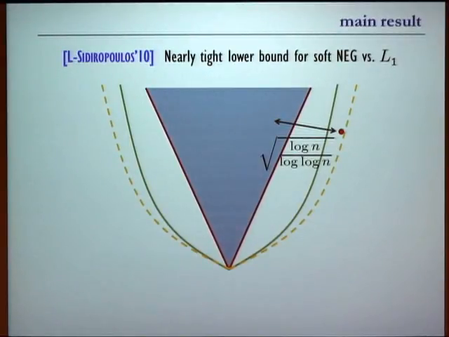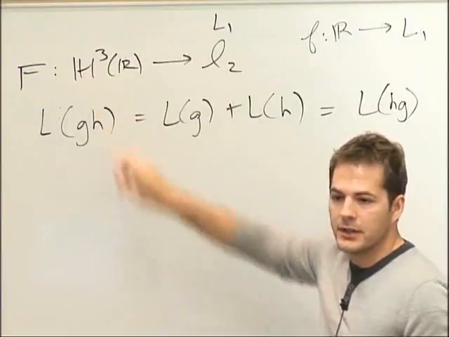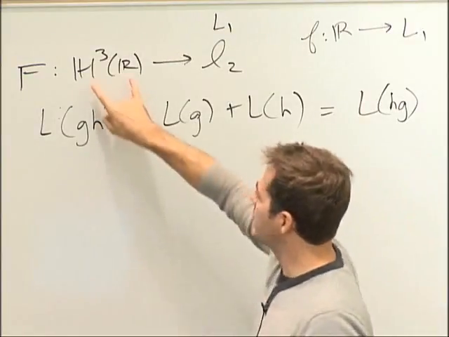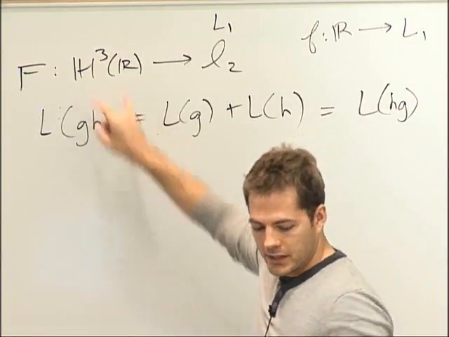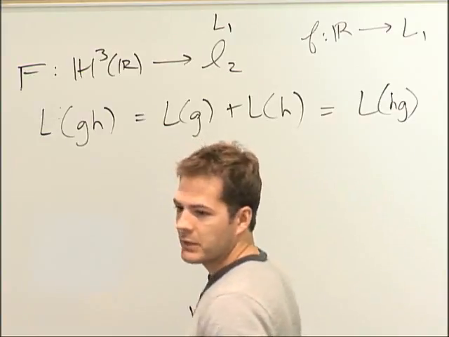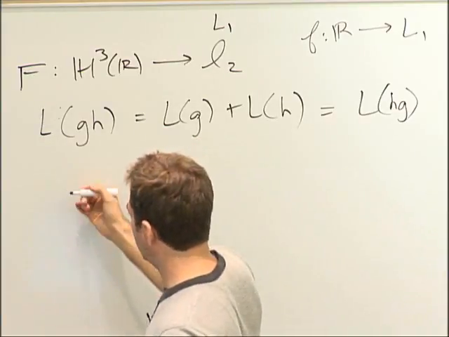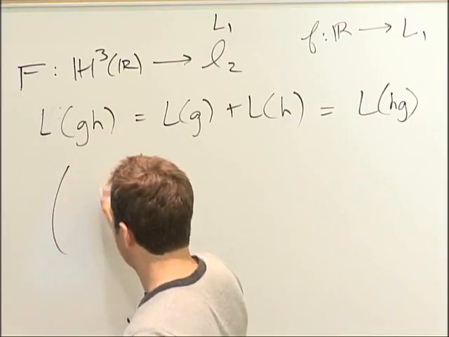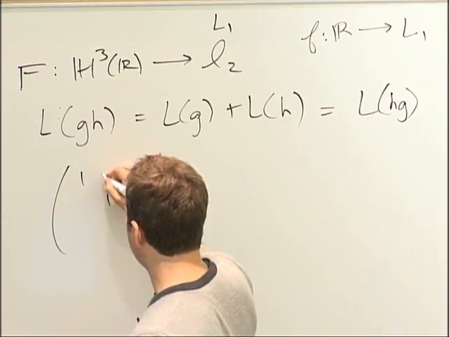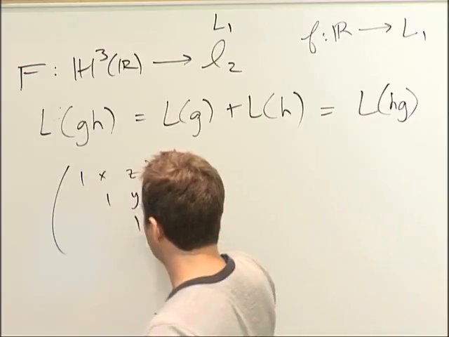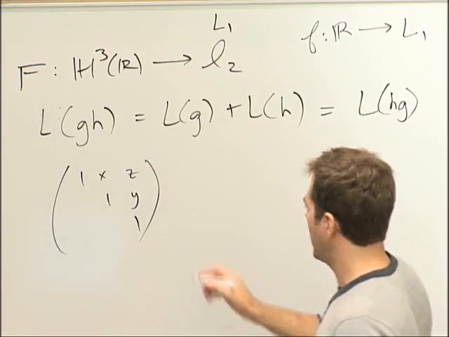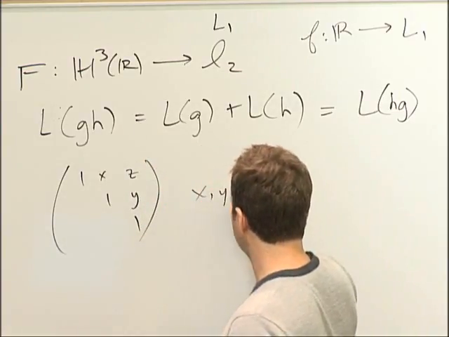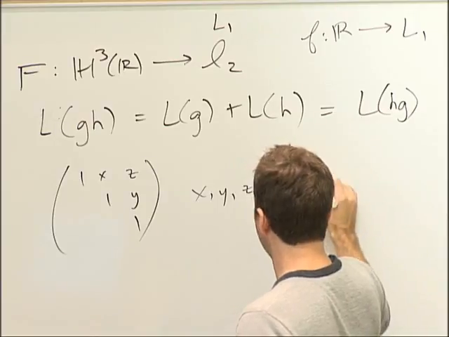What's the metric on the input group? On the Heisenberg group? So the metric here is hard to explain. If you want something which, for all intents and purposes, except for the proof, is the same, you can consider the group of upper triangular 3x3 matrices with integer entries, where x, y, z are all integers.